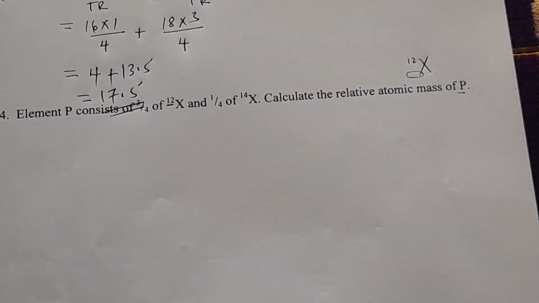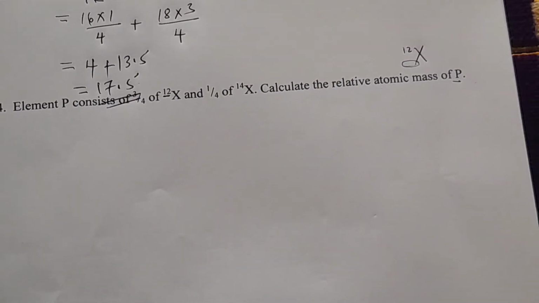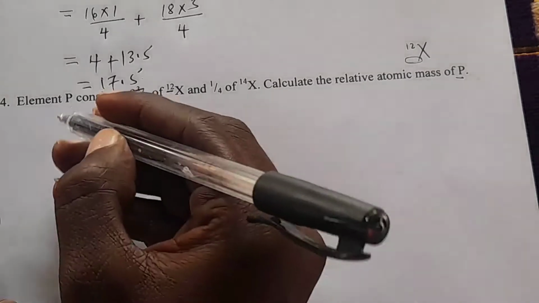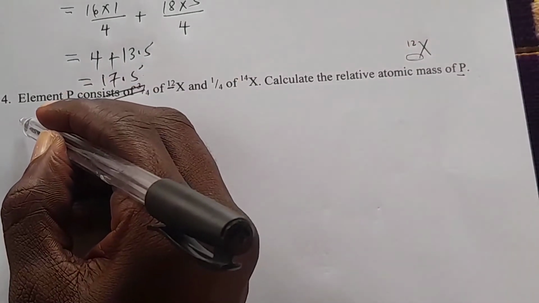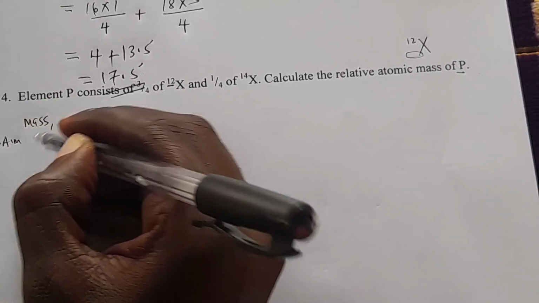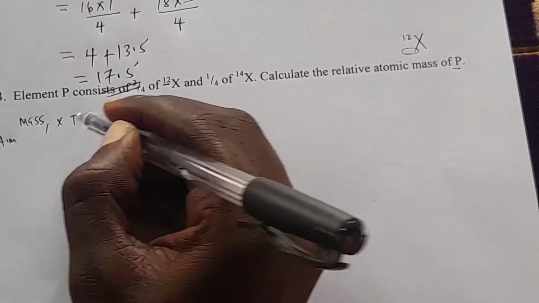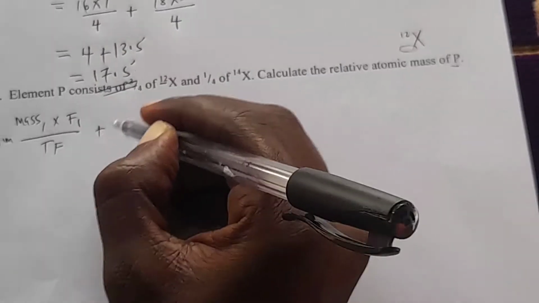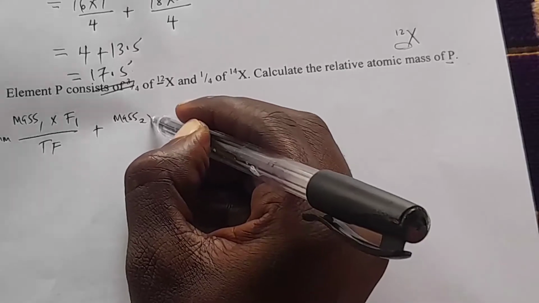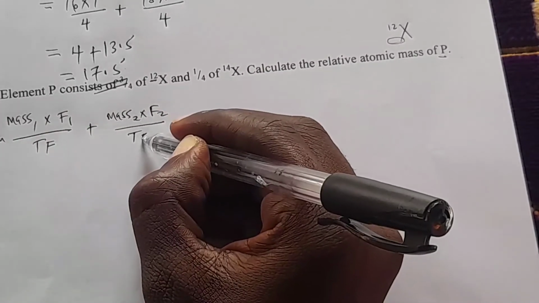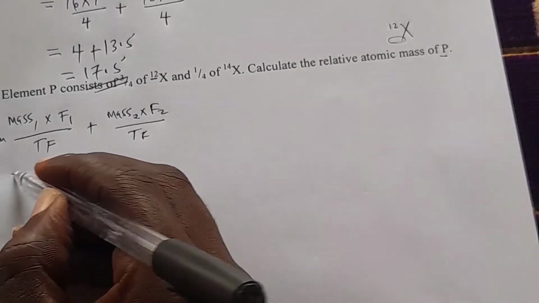Okay, here you have been given fractions instead of percentages and ratios. What you are going to do, the formula is just the same. You are dealing with mass number 1. R.A.M is given by mass number 1 multiplied by the first fraction, fraction 1, divided by the total fraction, plus mass number 2 multiplied by fraction number 2 divided by total fraction. So what's your mass number 1?